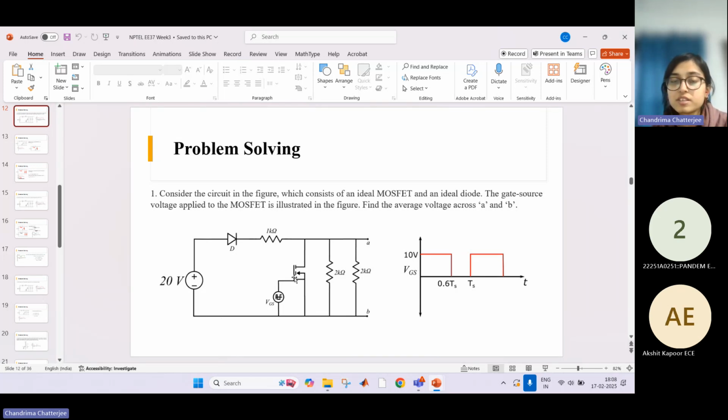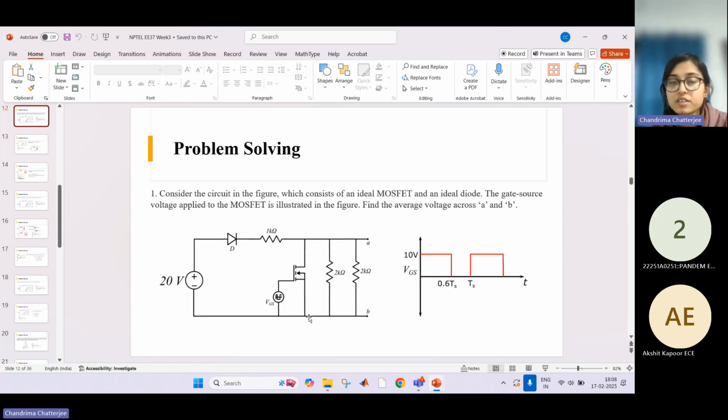What is a switch? When an ideal switch turns on, it is a short circuit path. So the current coming out of this source, what is the nature of current? Current will always try to follow the least impedance path.